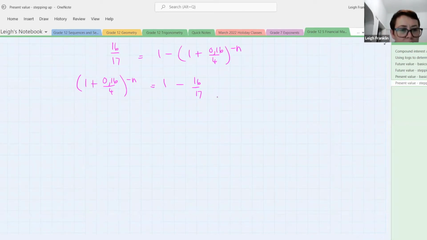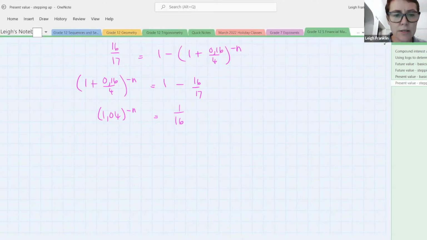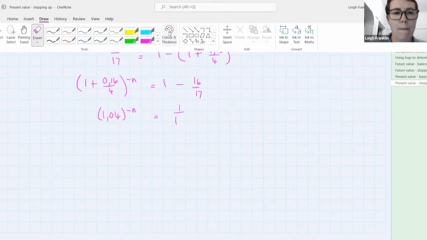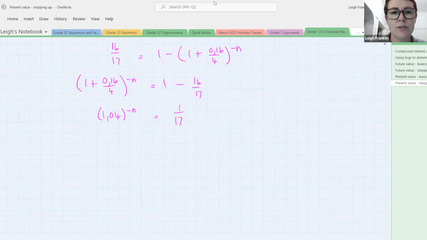In decimal form, we'd have 1.04 to the negative n, and on the right-hand side, it's a bit long to write out as a number, so I think it's much easier to write it as 1 over 16. Okay, 17 over 17 minus 16 over 17 is, oh sorry, that's not correct. It's 1 over 17. Sorry, let me just delete that. Not 1 over 16, it's 1 over 17. Okay, like so.